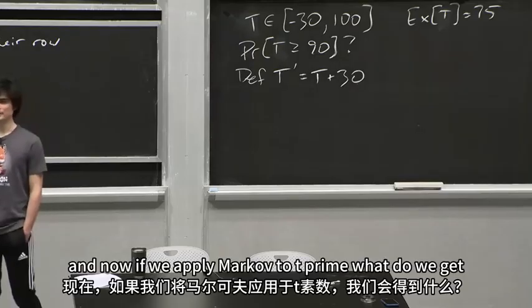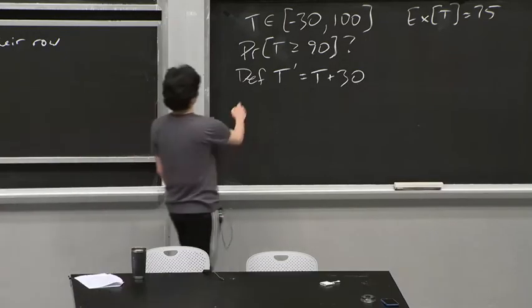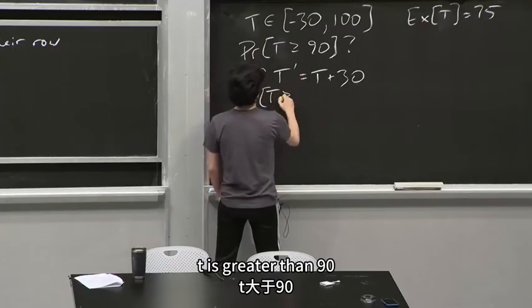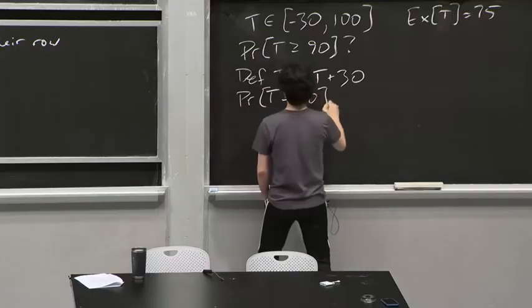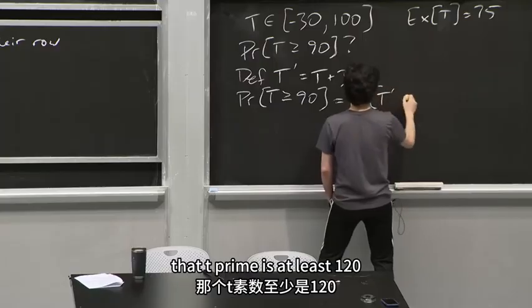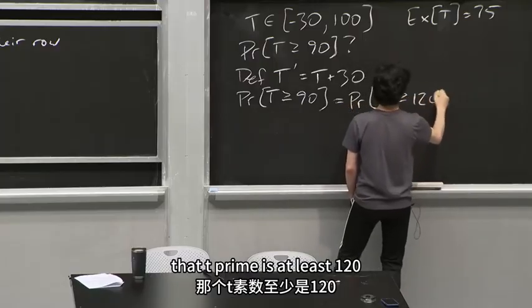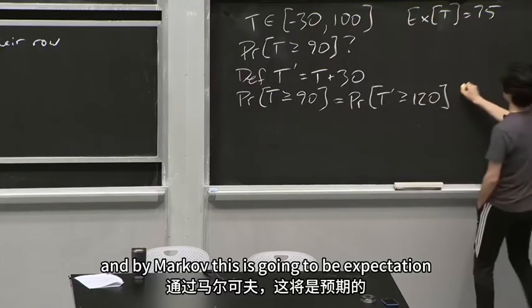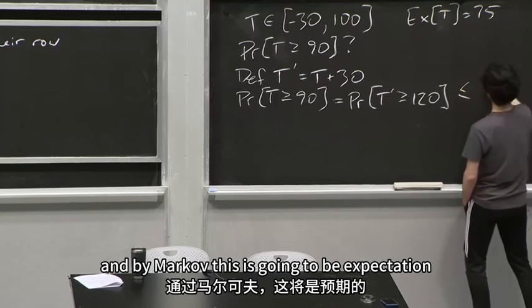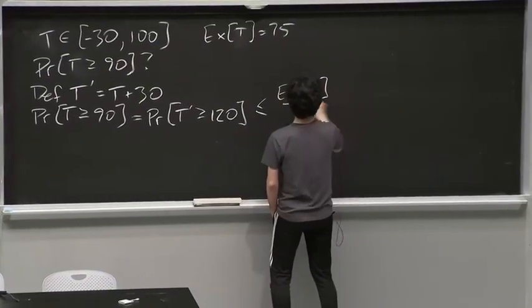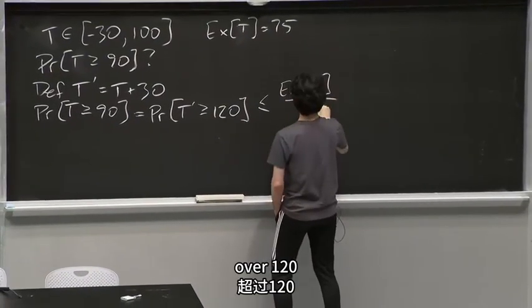And now if we apply Markov to T prime, what do we get? The probability that T is greater than 90 is the probability that T prime is at least 120. And by Markov, this is going to be the expectation of T prime over 120.